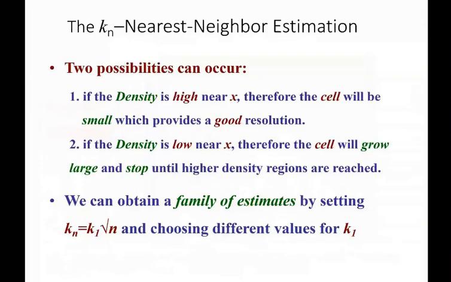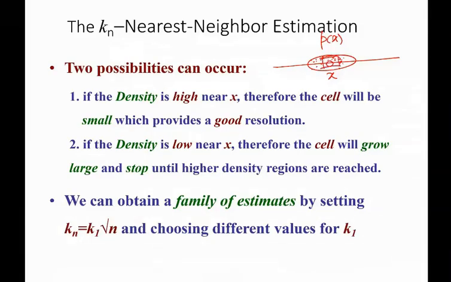Now there are two possibilities that can happen. If density is high near x, that is, if this is your scale and you want to find out p of x at this position, and the sample density is more around this, then you need a very small volume around this.